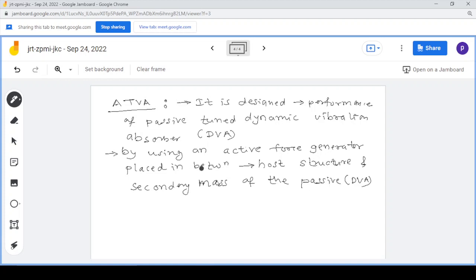Where does it place? It is placed between the host structure, right? What do you mean by the host structure? The structure which is getting vibrated, and the secondary mass of the dynamic vibration absorber, which is acting as a passive element. Okay.